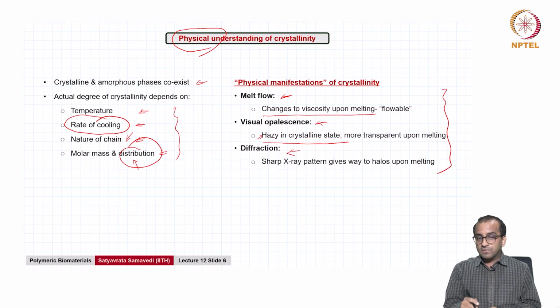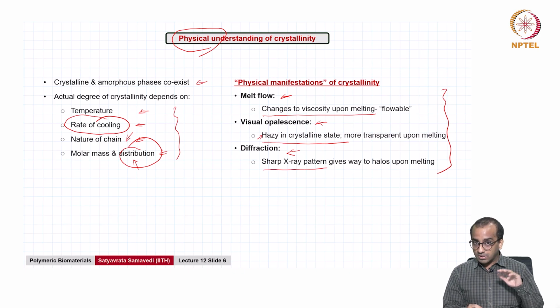You can also observe this based on the interaction with X-rays. You will see very sharp X-ray diffraction patterns for the crystalline domains, which will give rise to simply broad halos upon melting. So, these are physical manifestations of crystallinity that are observable under different sets of conditions.